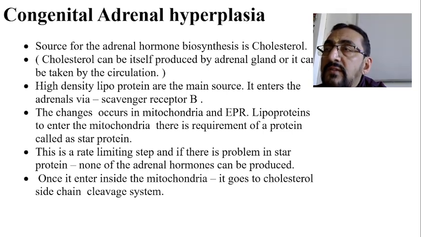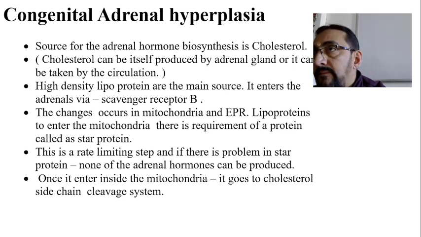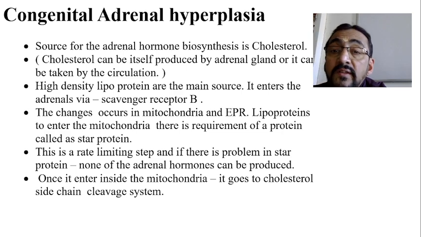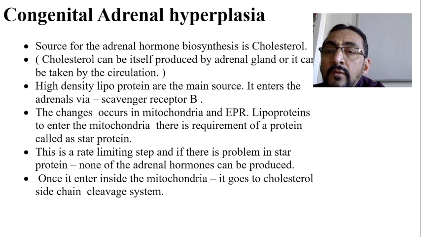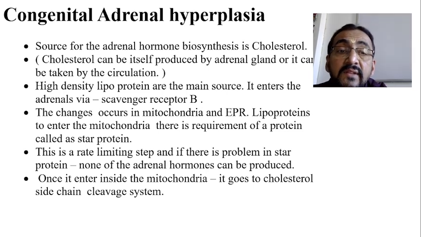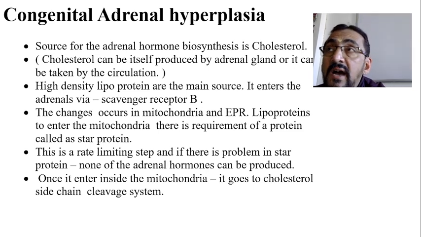This StAR protein is the rate limiting step. If the StAR protein is there, the hormones are produced. If it is not there, there will be a restriction, and if there is any problem in the StAR protein, none of the adrenal hormones can be produced.